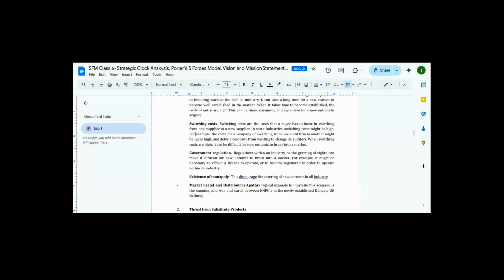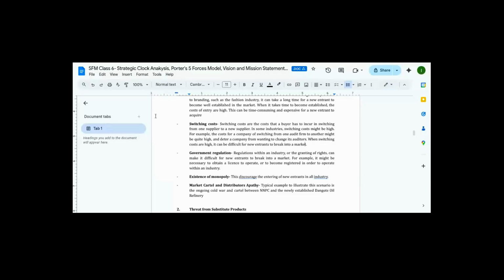For example, the cost for a company of switching from one audit firm to another might be quite high and deter a company from wanting to change its auditors. So when switching costs are high, it can be difficult for new entrants to break into a market.